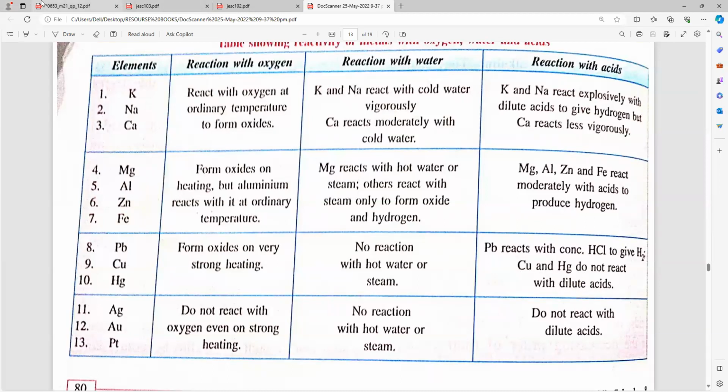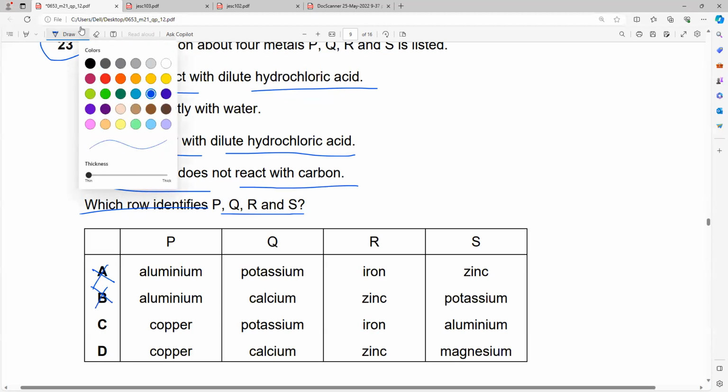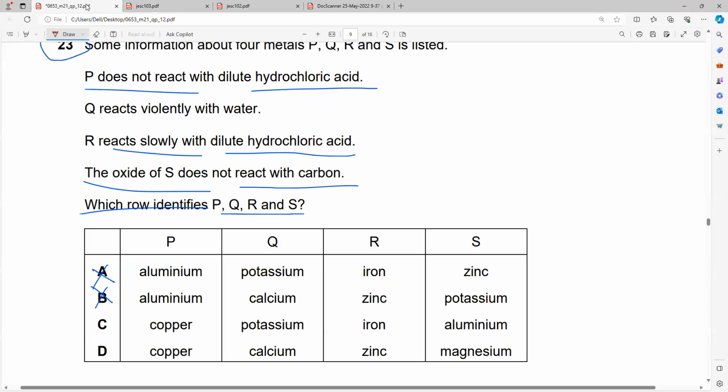So copper, and aluminum reacts. So option A and B I can avoid. Will you all agree with me, guys? Please respond. That's why it is said there is no question paper without a question from this tabular column. Again and again I tell you, I don't know how many of you are learning. You have to. So option A and B I will avoid.